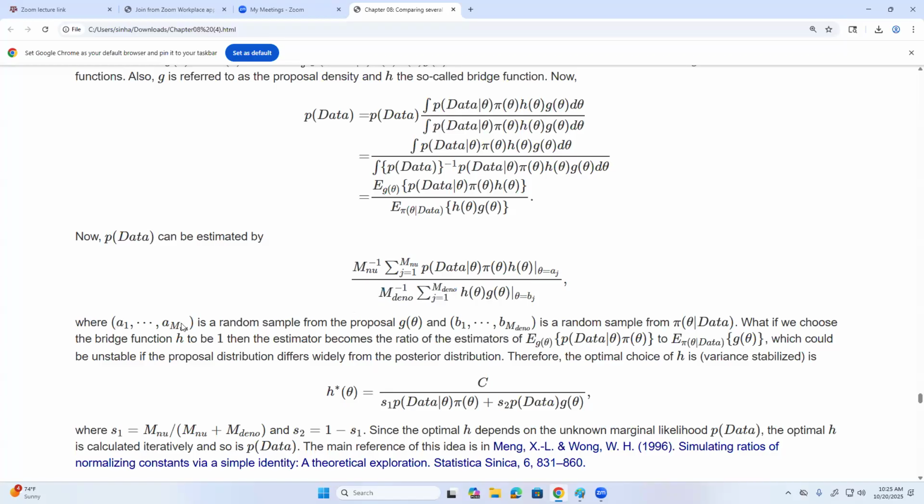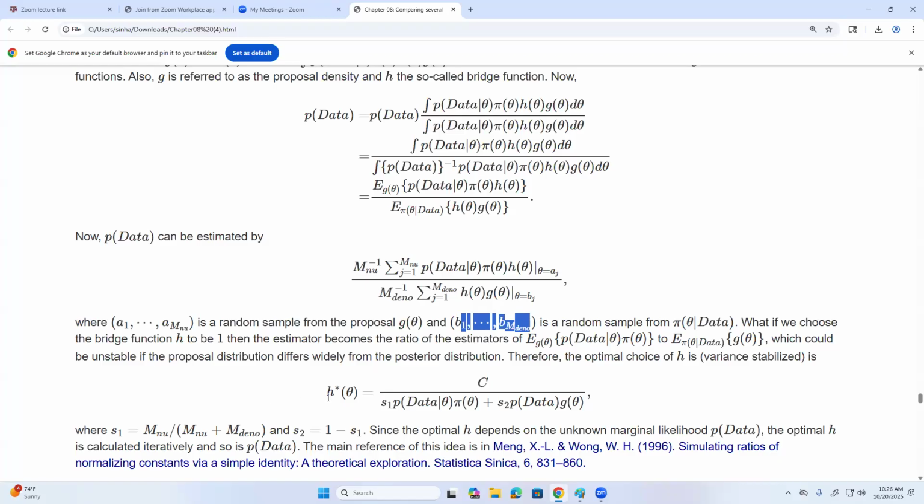So A1, A2, up to A M nu are coming from G, and B1, B2, up to B M d nu in the denominator are coming from the posterior distribution. And the number of samples that we are taking are M sub nu and M sub d nu. If you take an equal number of observations, then S1 and S2 will be 1/2. Otherwise, it will be the proportion.